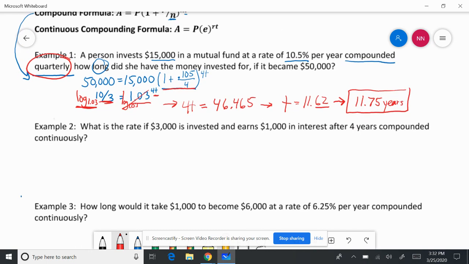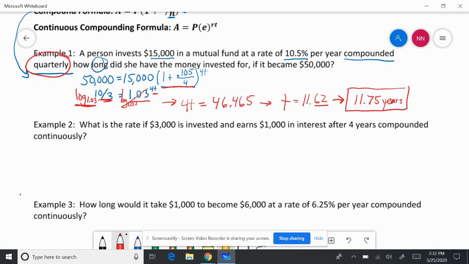Now, for example 2, it says, what is the rate if $3,000 is invested and earns $1,000 in interest after 4 years? So far we know that we're solving for our rate, and it tells us that it's compounded continuously. So we're using our second formula. Since it earns $1,000 in interest, that means the total amount is going to be $4,000.